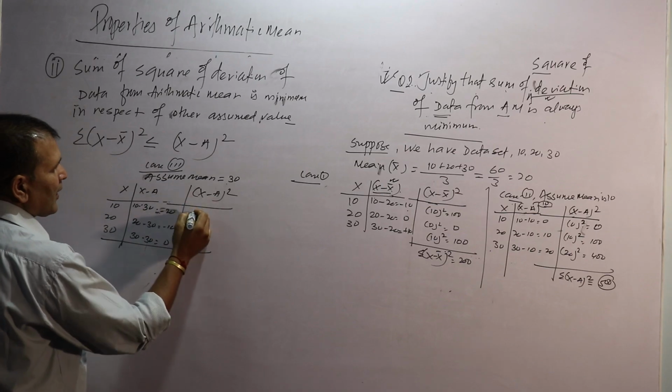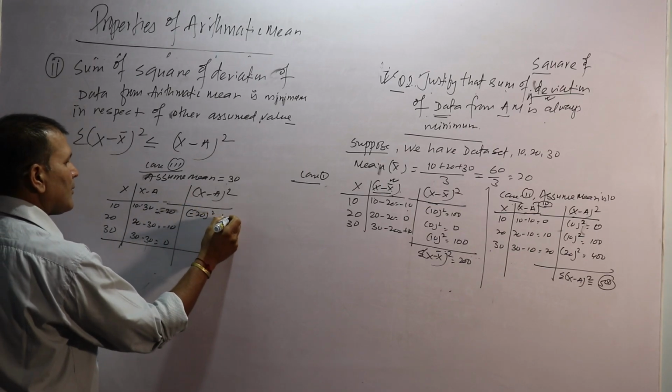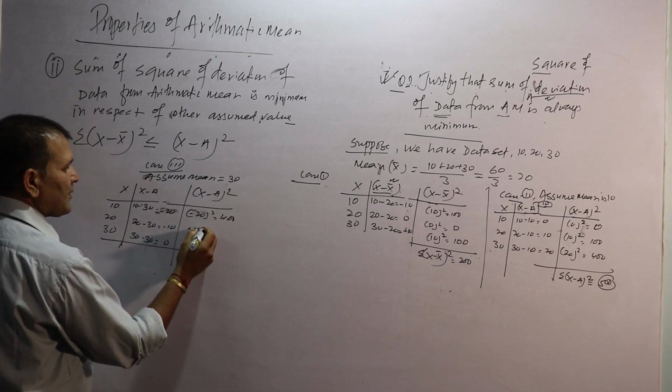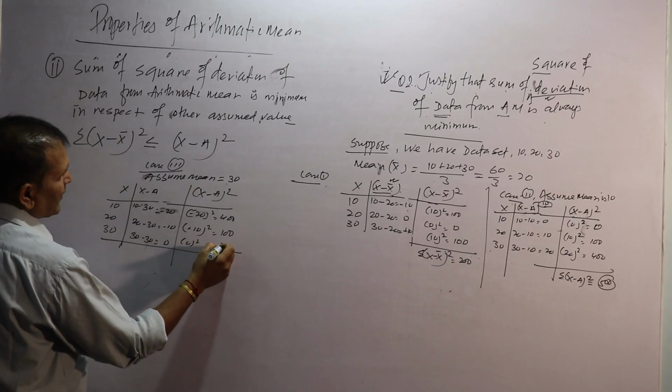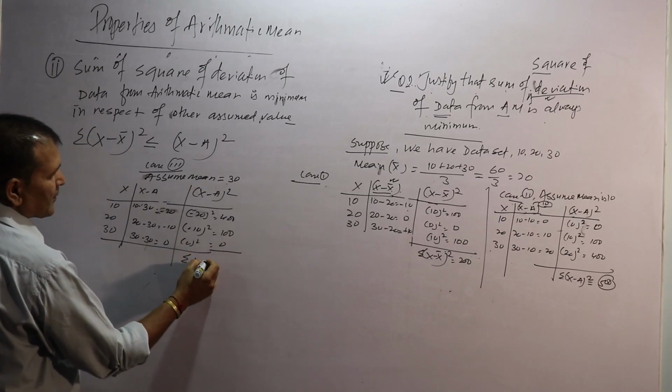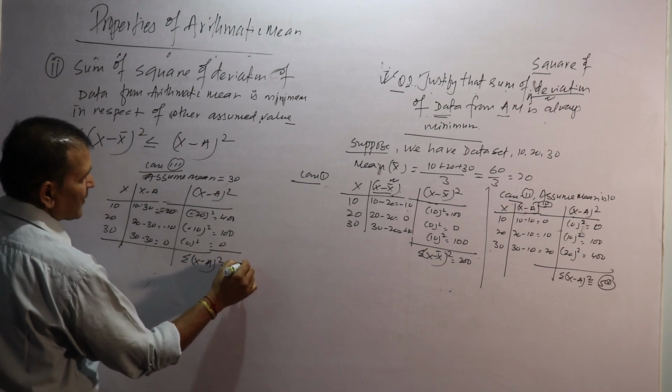So the squares: minus 20 square is 400, minus 10 square is 100, and 0 square is 0. The sum of (x minus a) square is 500.